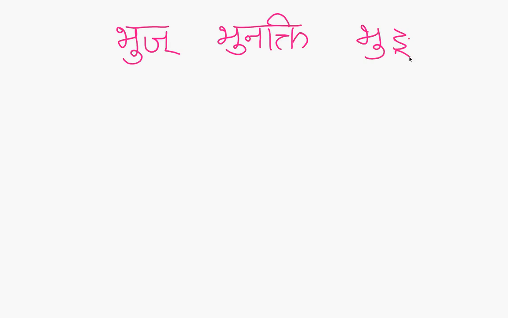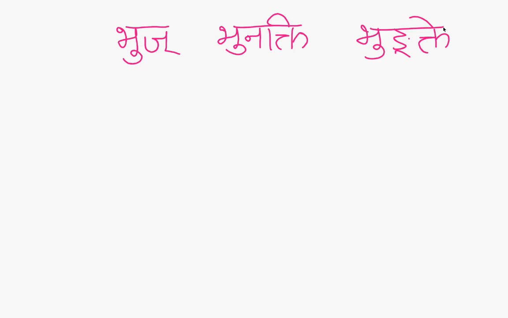I'll just write it like that. Bhunakti, bhunkte. So this is ubhayapadi, but the meanings are different. Like Chinoti, which is also ubhayapadi. There are also many other ubhayapadi dhatus.